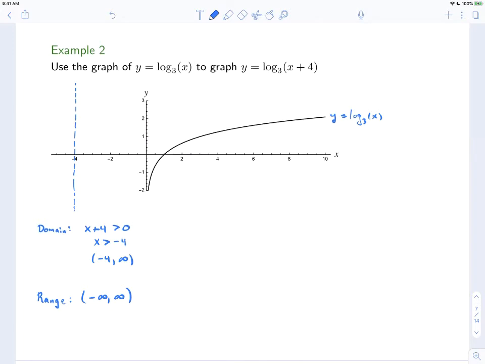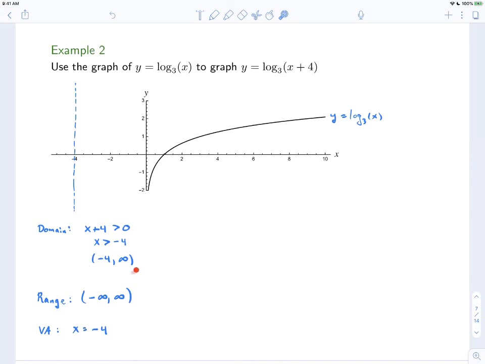All right, the vertical asymptote is x equals negative 4. So we have a vertical asymptote here at x equals negative 4. Why is that?